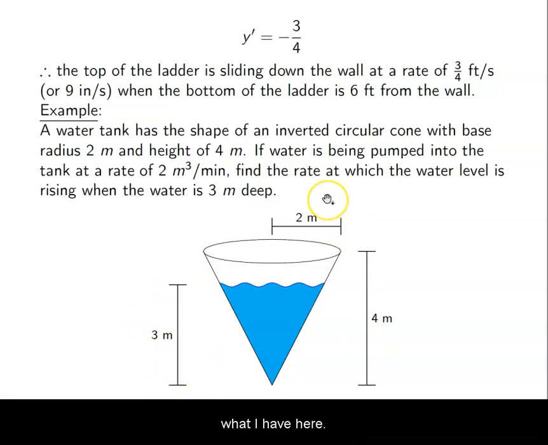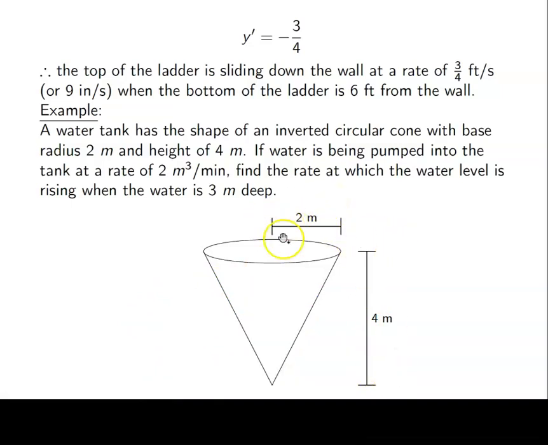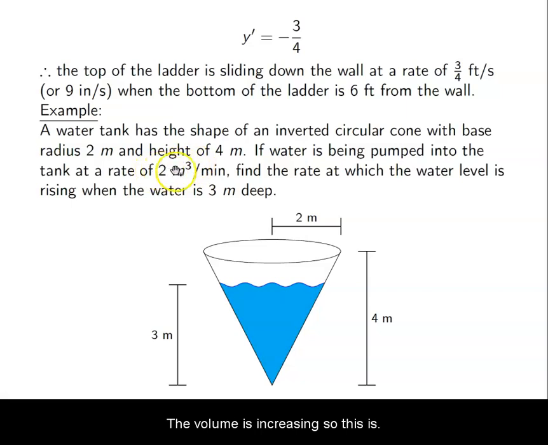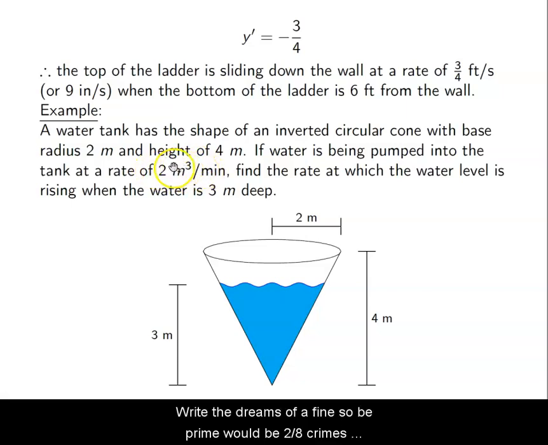But from what I have here, understanding that I have a rate of time, and this h equals 3, and I'm looking for the change in the height, so h prime somewhere. That's important for me. Maybe I write those other things on the side, right? The volume is increasing, so this is volume, right? The derivative of volume, so V prime would be 2. H prime is what I'm looking for, and when h equals 3.